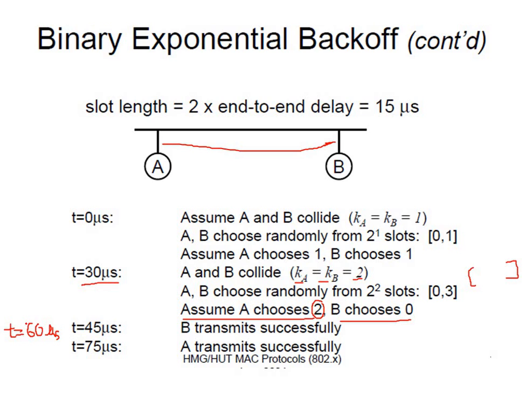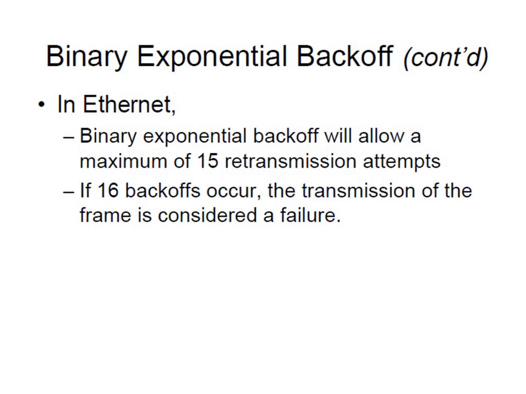If the collision is detected again and again, the waiting period goes exponential. But how long does it go exponential? You have to stop at a certain point. It will go up to a maximum of 15 retransmissions, and after the 16th backoff, the transmission is considered a failure.